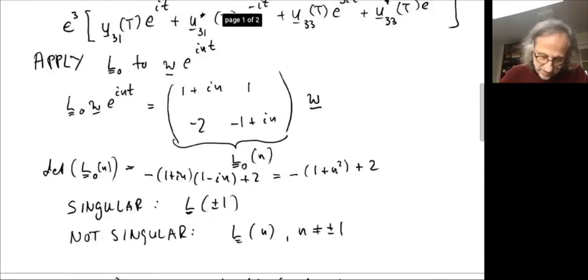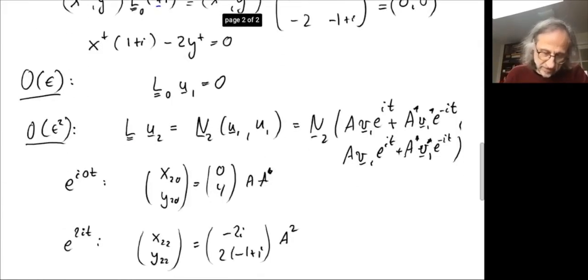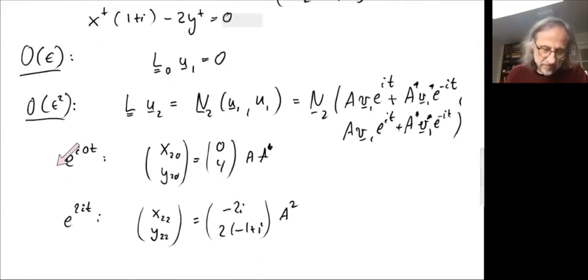So down here, we're looking at terms that have frequency 0. That means it has to be an e to the it times e to the minus it, so it has to be a term a star. Analogously, if you have e to the 2it, it has to be a term a squared. If that's not the case, then something went wrong, right? So that's why I wanted to write this down explicitly.